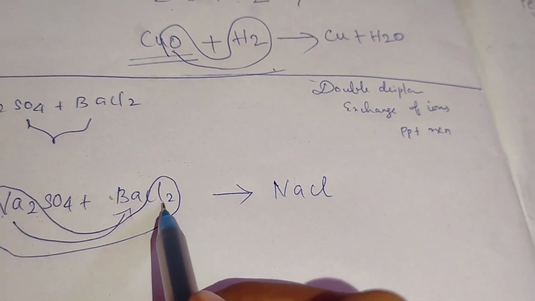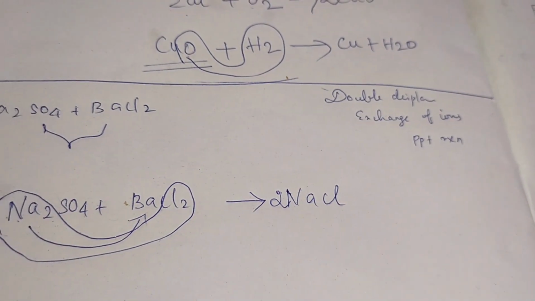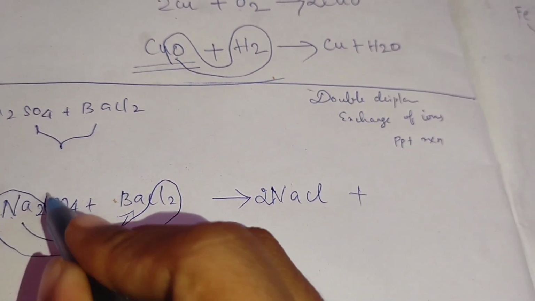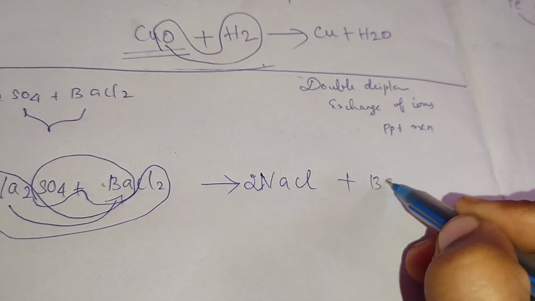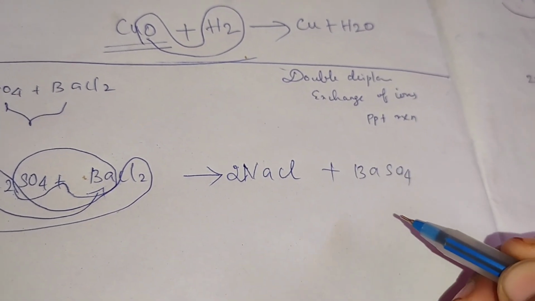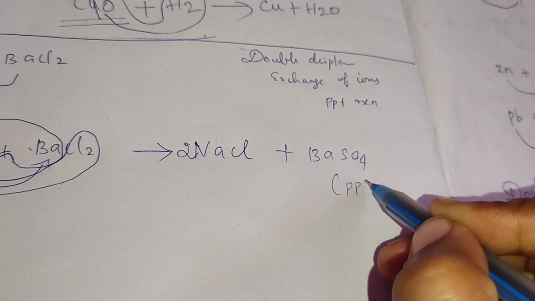Here 2 molecules are present, so 2 NaCl, plus the barium and sulfate join together. Barium sulfate will form, in precipitate form.